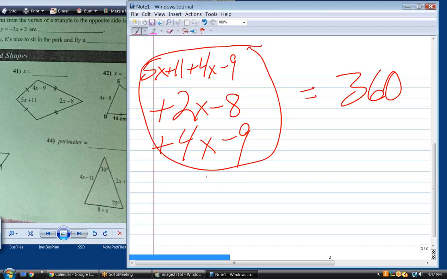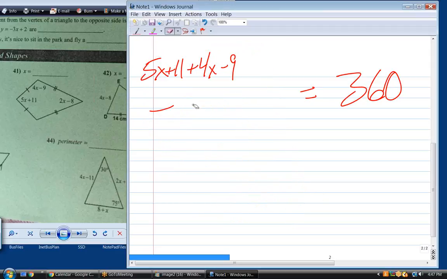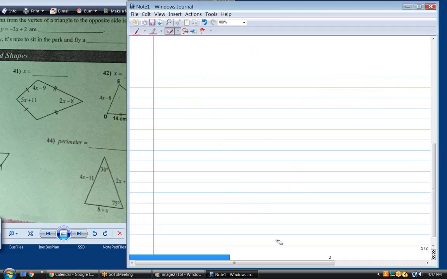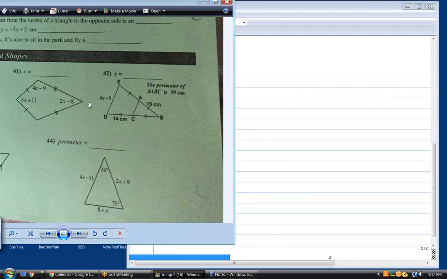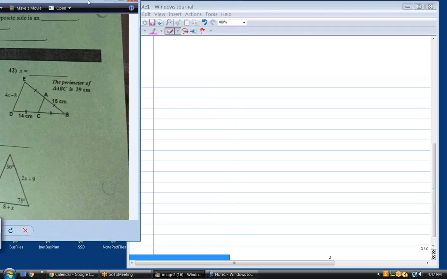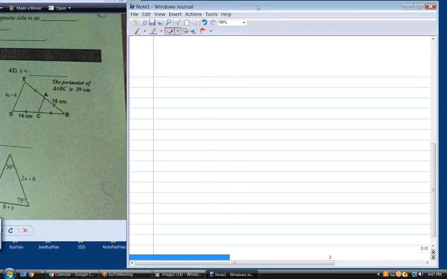But notice when you did 2 times 4x minus 9, now you got to distribute that. You got to get rid of the parentheses. You got to make sure it's minus 18. To me, it's easier to make a mistake doing it this way. Maybe not. I don't know. That's just my personal opinion. All right, 42.